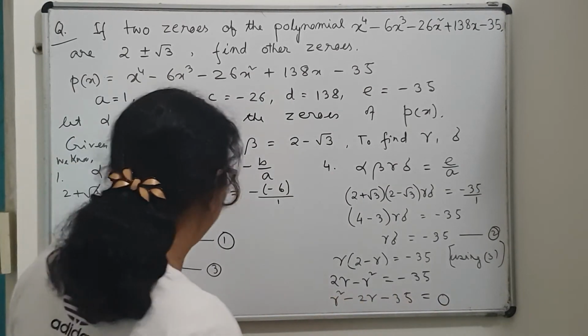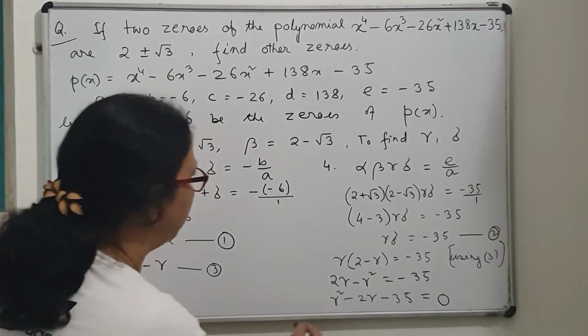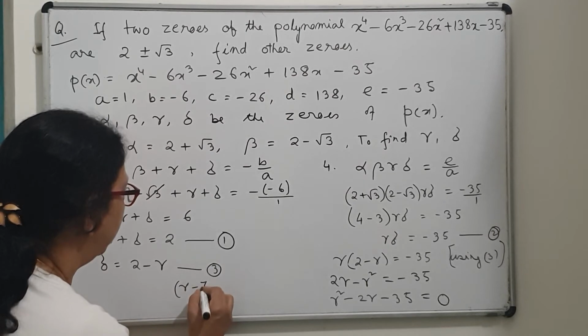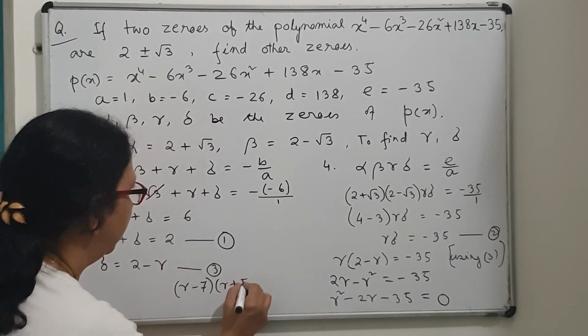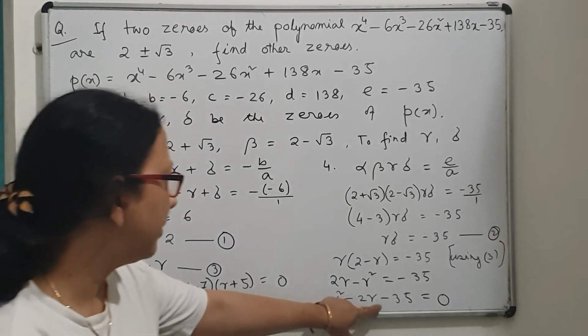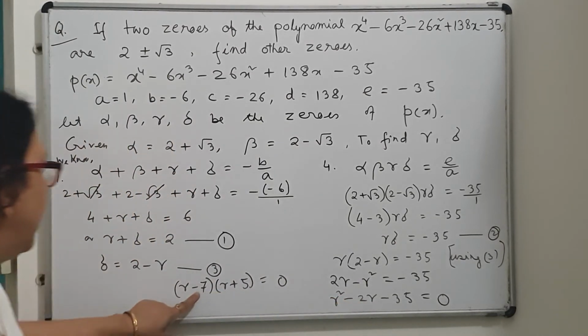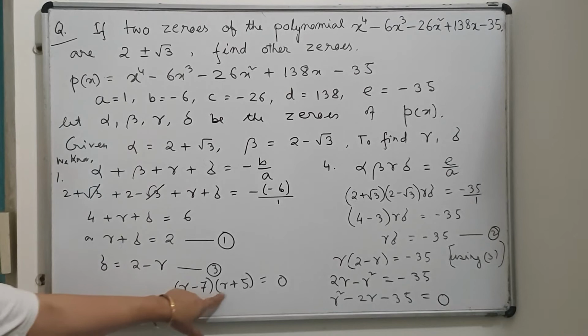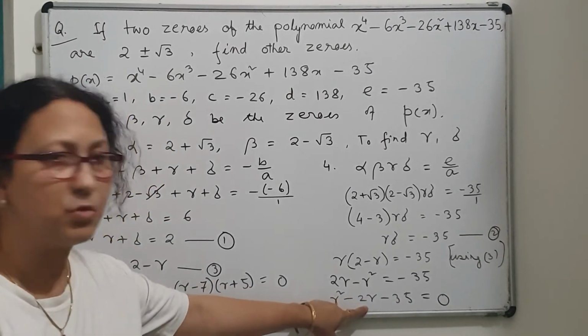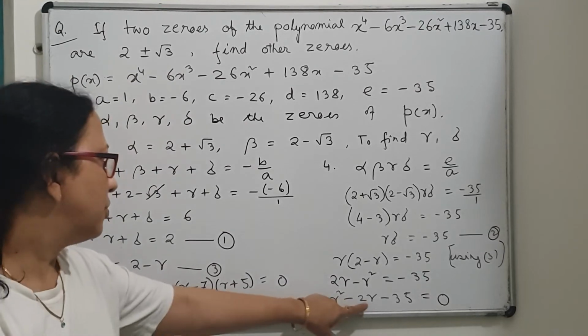So this can be written as gamma minus 7 into gamma plus 5 is 0. You know, minus 7 into 5 is -35, and minus 7 plus 5 is -2. So in this way you can verify.